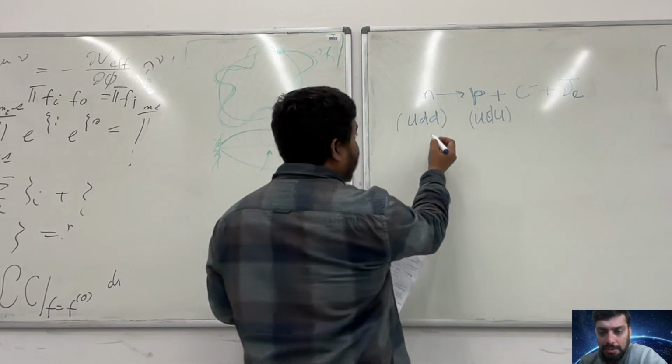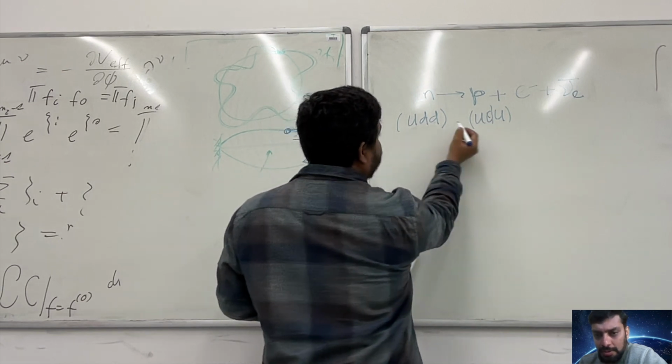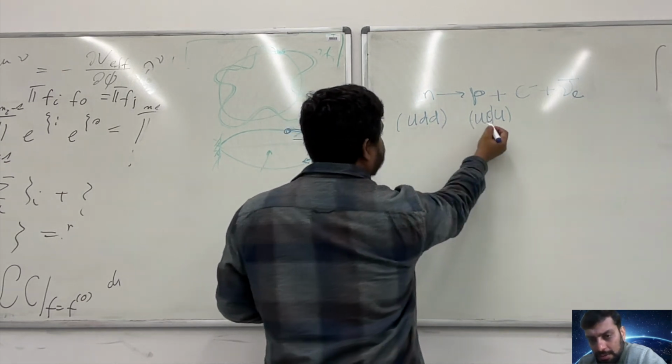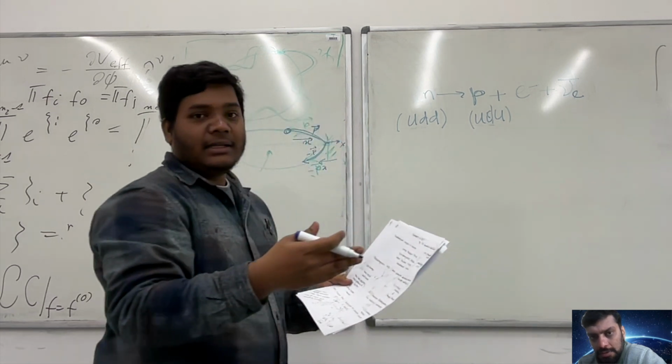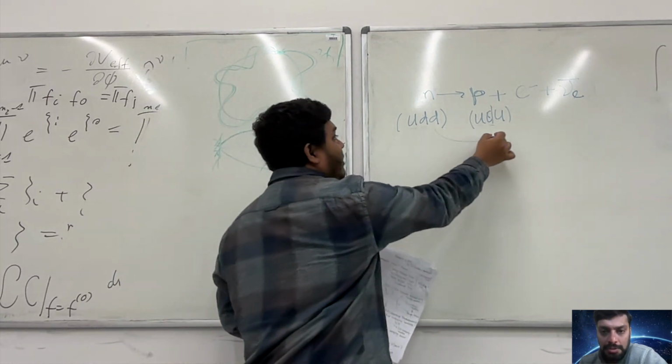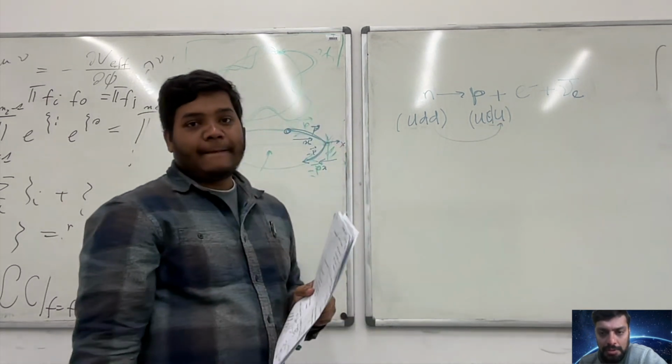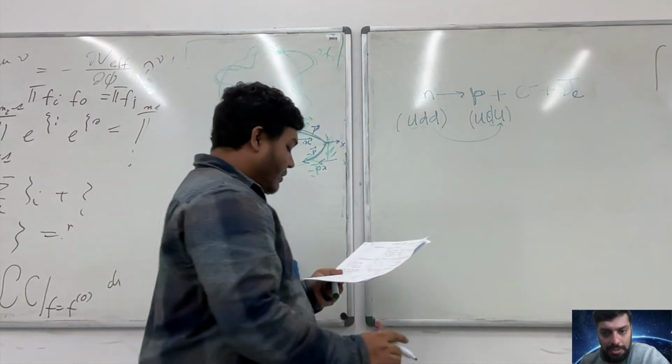So first, what actually happened here? The up quark and the up quark, and the down quark and the down quark remain as they are, but one down quark is converted into an up quark. How does this happen?